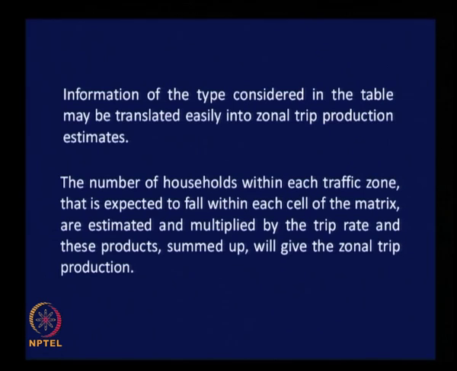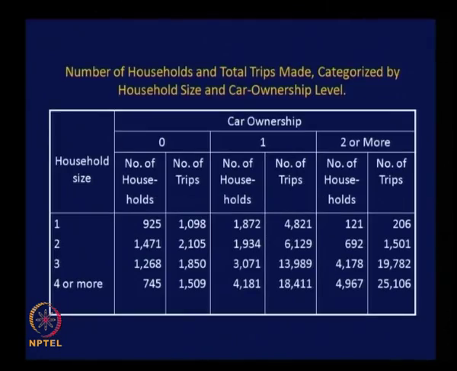These are estimated and multiplied by the trip rate, and these products summed up will give the zonal trip reduction. Is it clear? Maybe I will try to make it a little more clear with a small example.